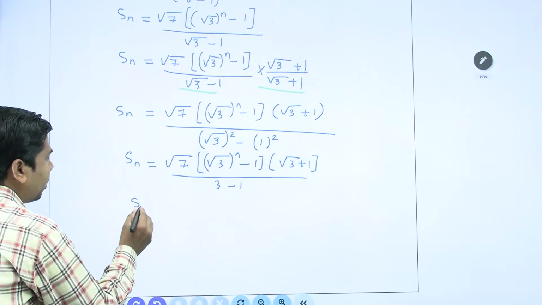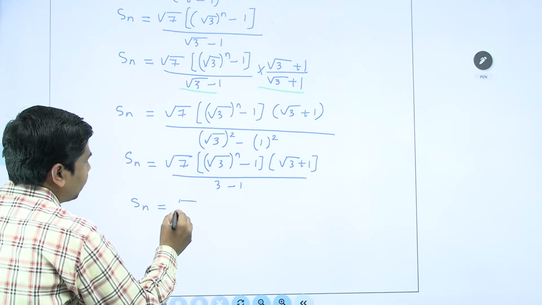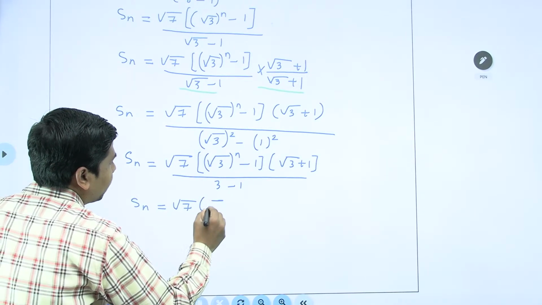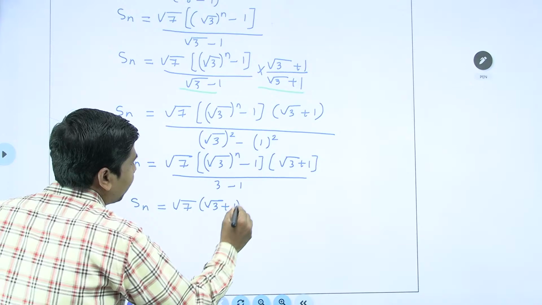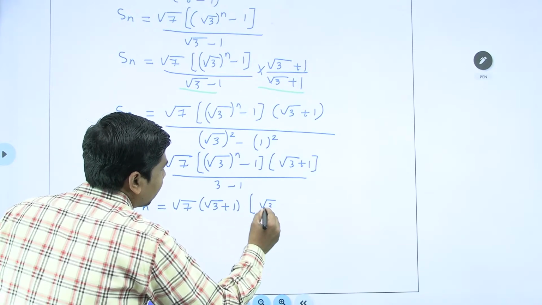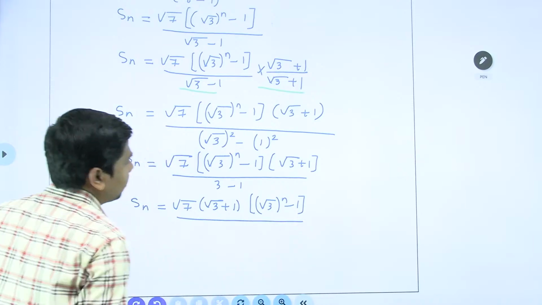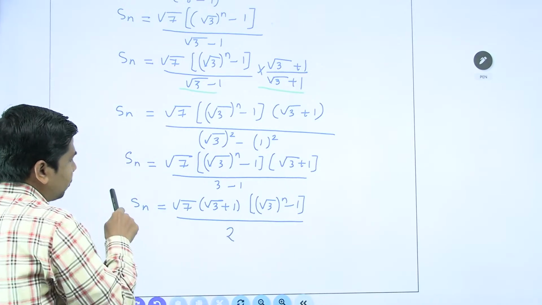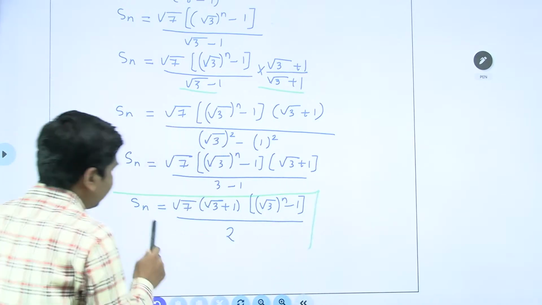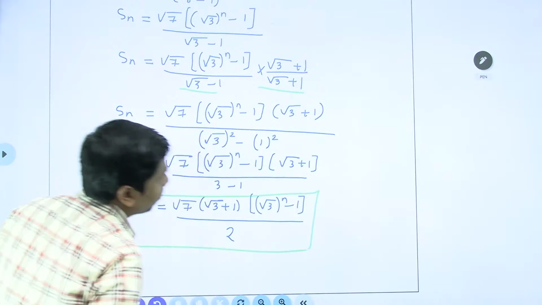So finally our Sn is root 7 into root 3 plus 1 into root 3 power n minus 1 divided by 3 minus 1, which is 2. So this is the Sn for the given geometric progression, right?